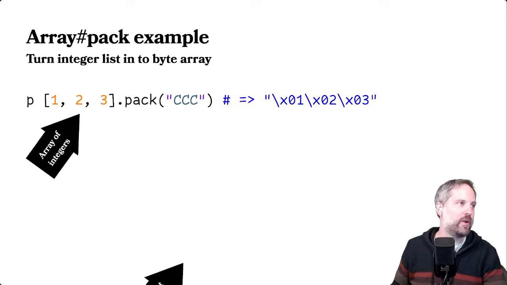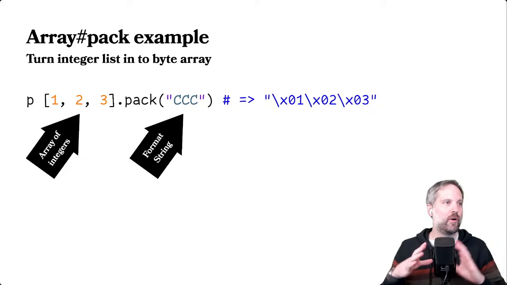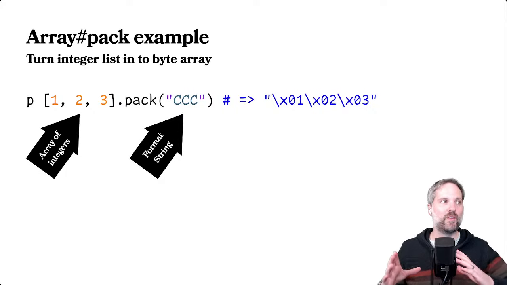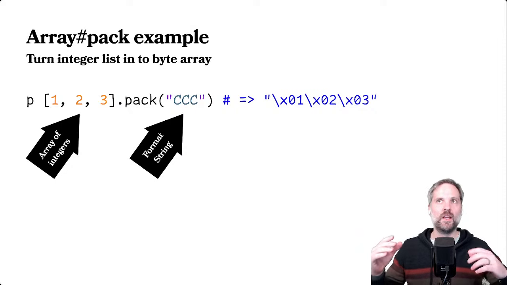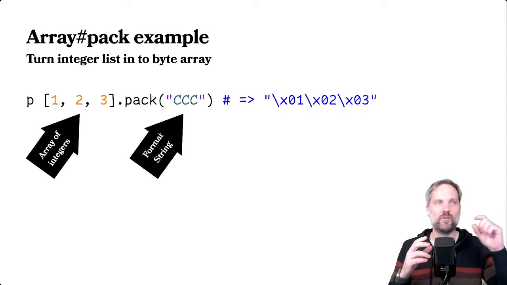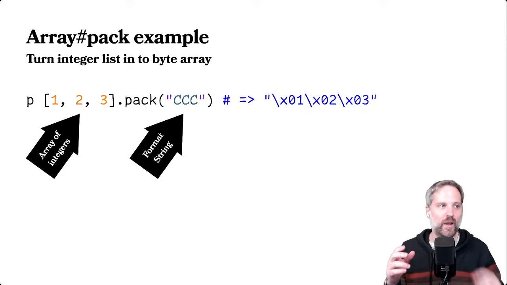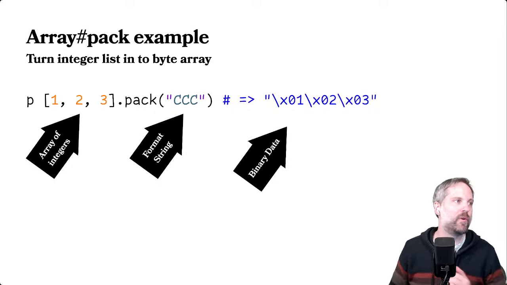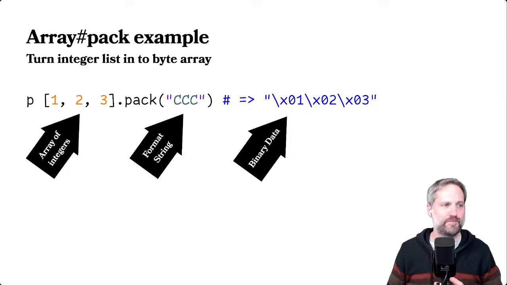Here we have 3 C's in a row. Our format string is 3 C's, and we're saying take these 3 integers and turn them into 3 bytes. We turn each integer into its own byte. So when we call pack, we get back binary data.